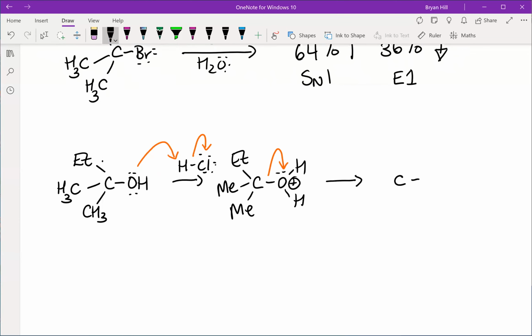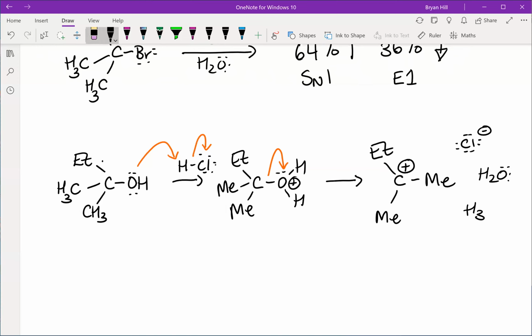You've got your carbocation. And you had your chloride from before. And your solvent, of course, is water. And you've got H3O plus in there.